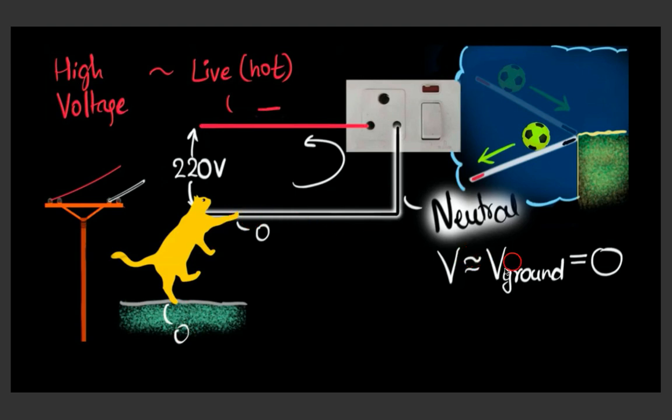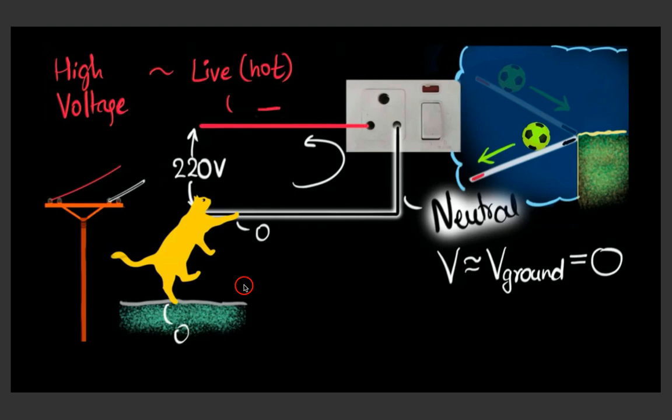Okay, it has a voltage equal to the ground. And so if the voltage is the same at these 2 points, if there's no electric potential difference between the ends of the cat, there would be no reason why an electrical current would flow through the cat. So if the cat touches this neutral wire, it's probably going to be okay.